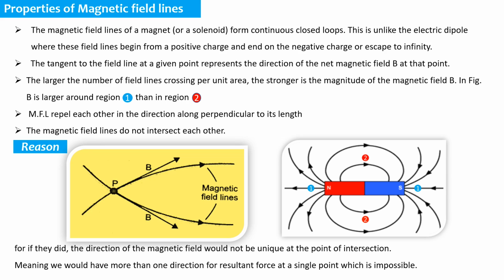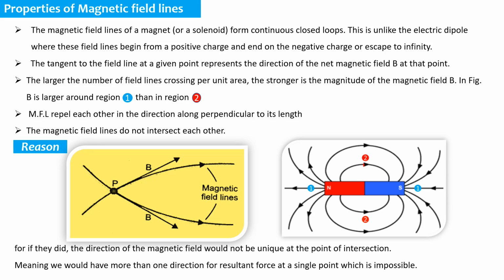Magnetic field lines repel each other in the direction perpendicular to their length. Okay. Let us refer to the diagram. A little critical it is. If we see in region 2, like here and here, the magnetic field lines are bulging out.